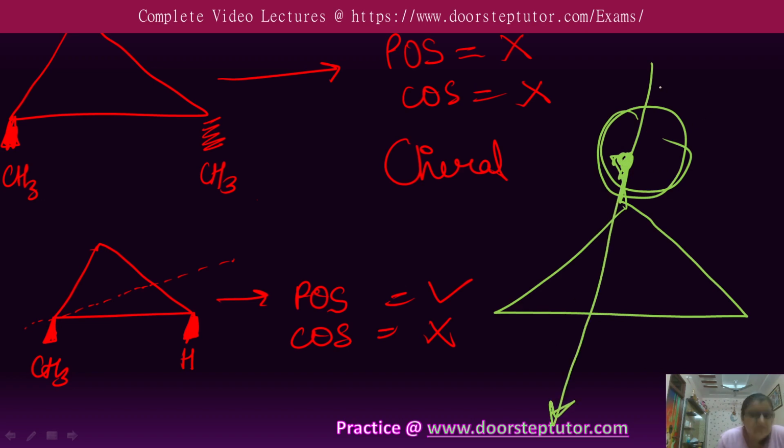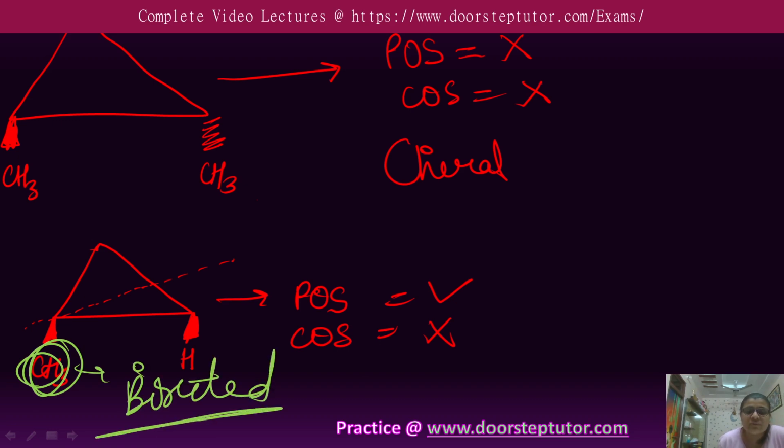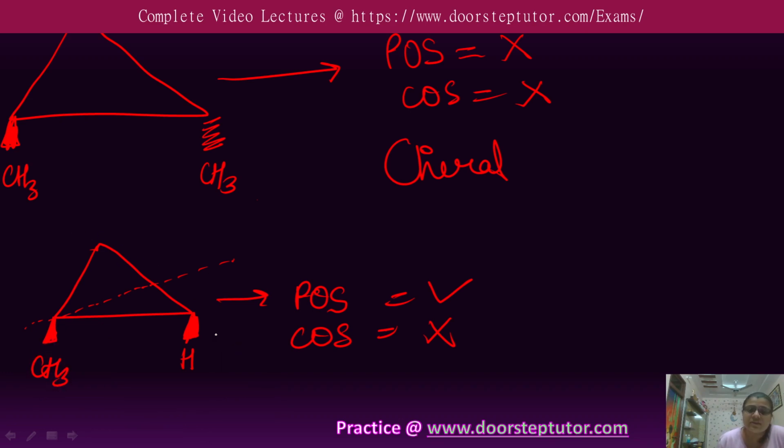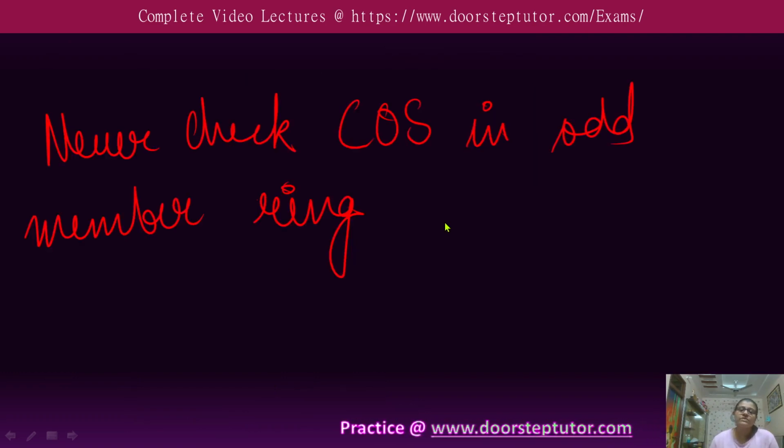These CH3 groups got bisected, not reflected. You have to mention this: it's bisected, not reflected, whereas these hydrogens got reflected. So that's why this particular molecule is achiral, because a plane of symmetry exists in this molecule.